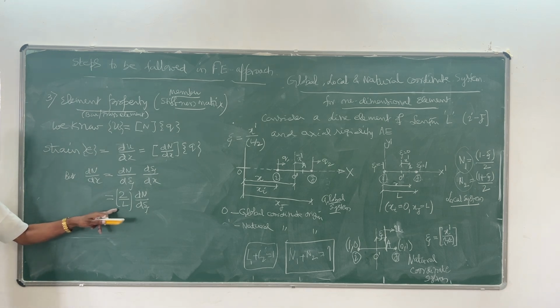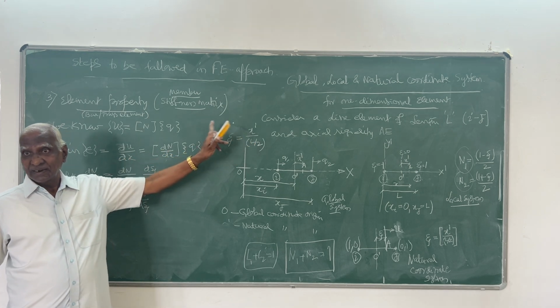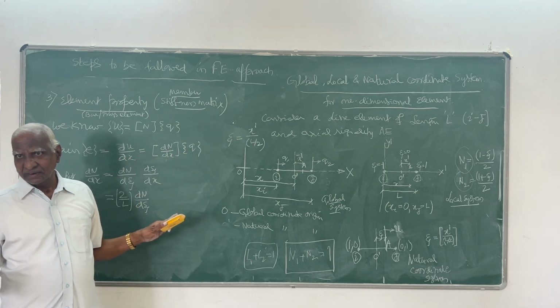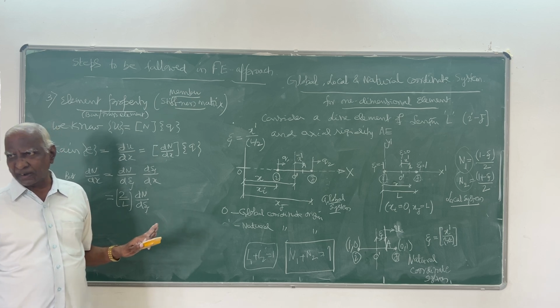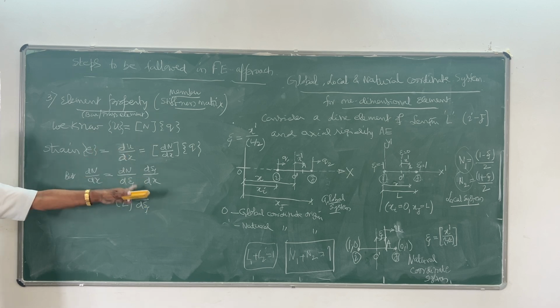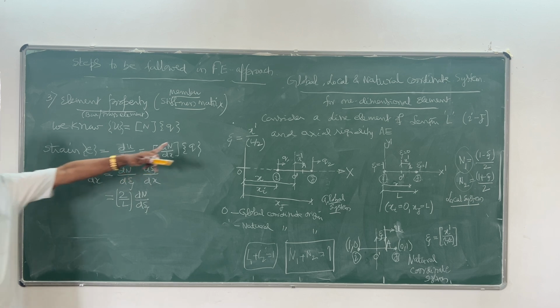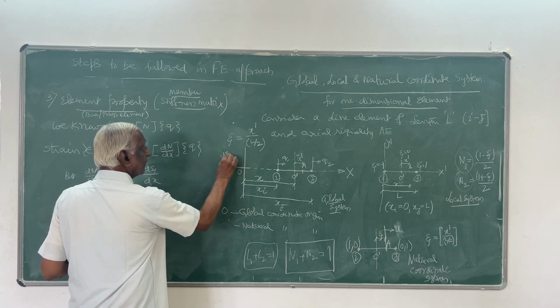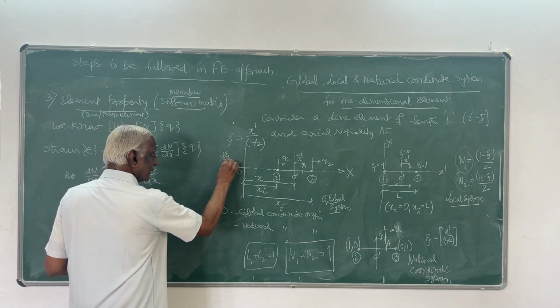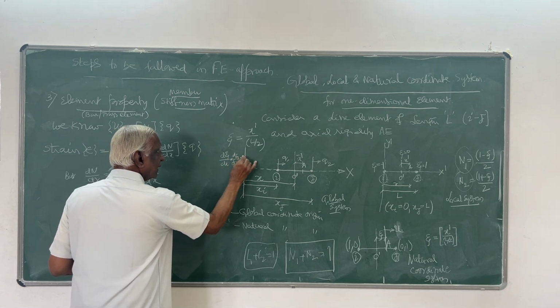This is important, and that's why I told you always you have to remember this. d psi by dx, if the derivative becomes very, very simple, it is only this. Now I can find the derivative of N by psi, because d psi by dx I have already determined. d psi by dx, x or x dash, their moment is the same.